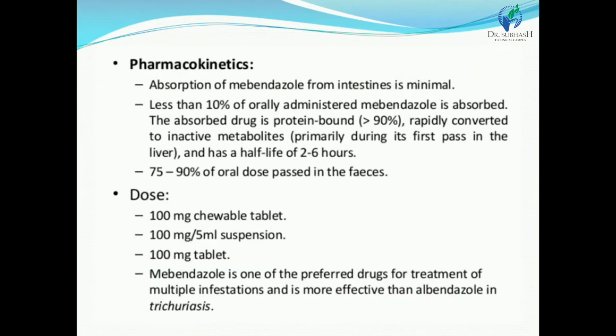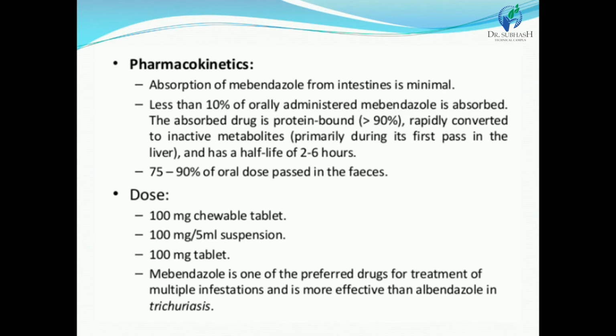While coming to the pharmacokinetic parameters of mebendazole, it can be absorbed from the small intestine, but absorption is minimal. Less than 10% of orally administered mebendazole is absorbed, and the absorbed drug is highly protein bound.